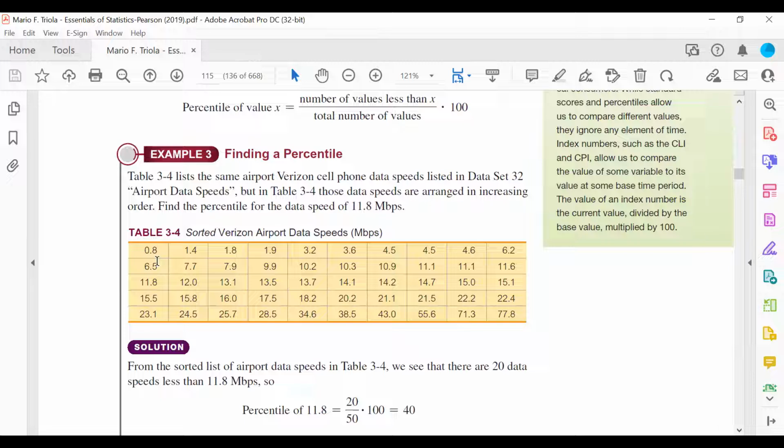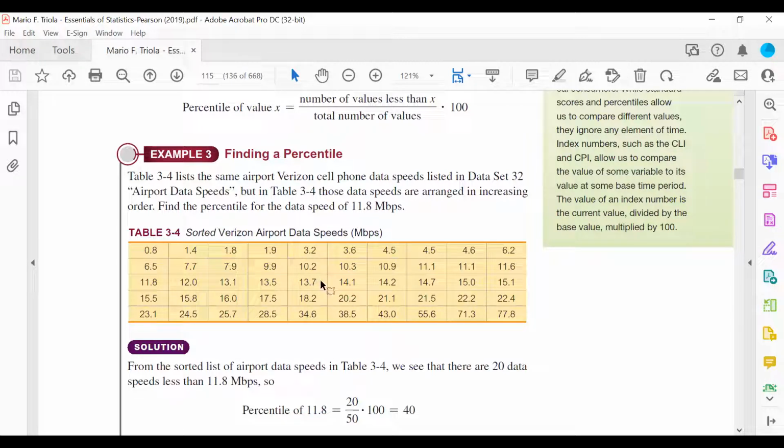So let's say we chose data value 13.7, and I want to find the percentile of value 13.7. If I use the formula, it says how many numbers are less than 13.7. So you're going to have to count.